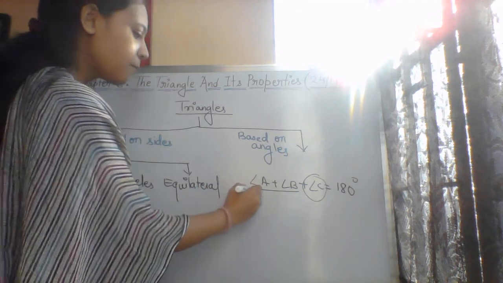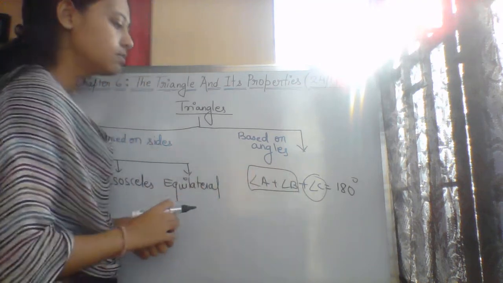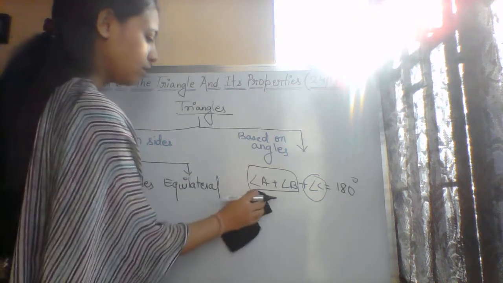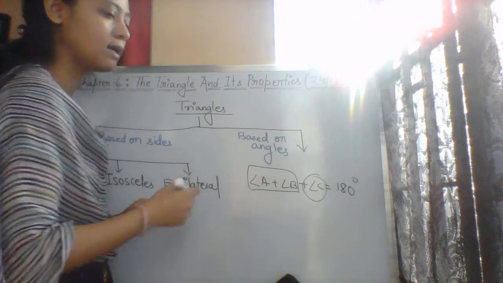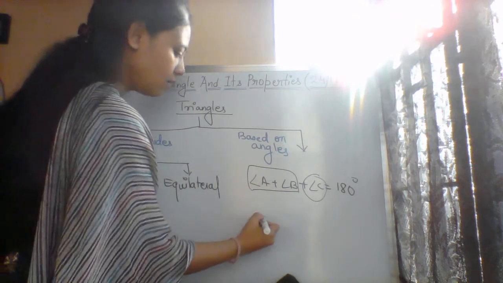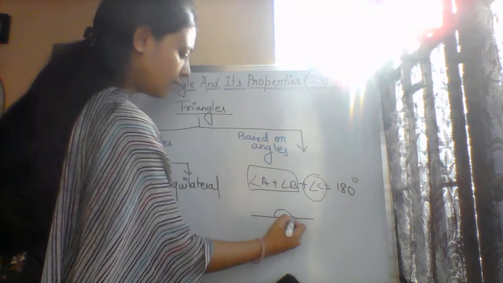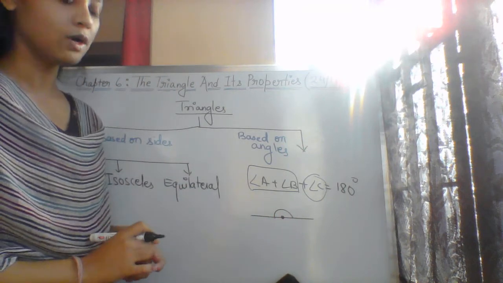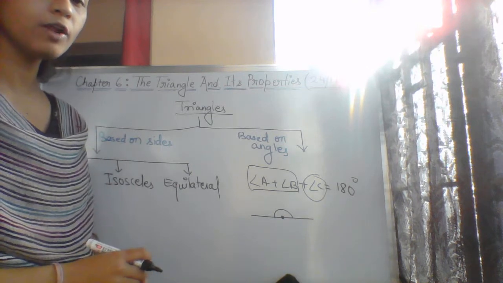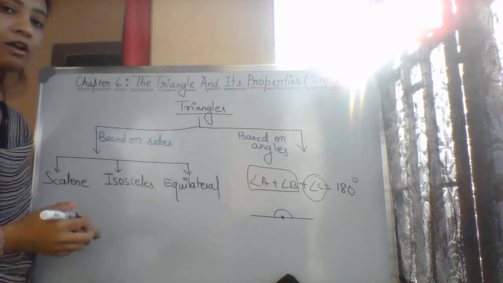So if I make one angle 180 degrees, what will be the value of the other two angles? Zero. But that cannot happen, then the triangle will not form.